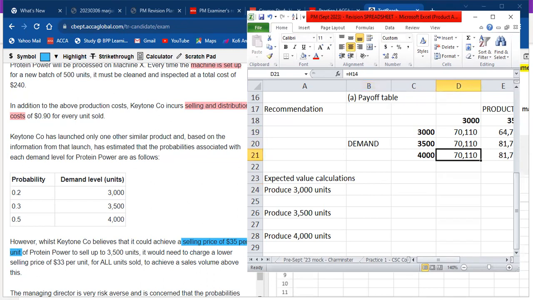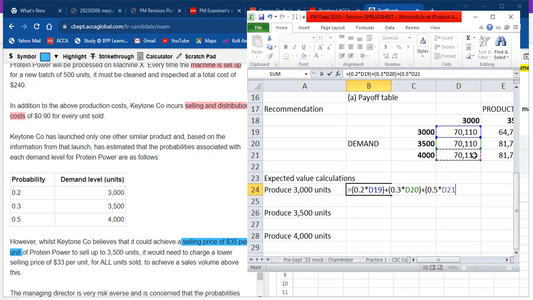So the expected value when we produce 3,000 units is 0.2 times this plus 0.3 times that plus 0.5 times that.